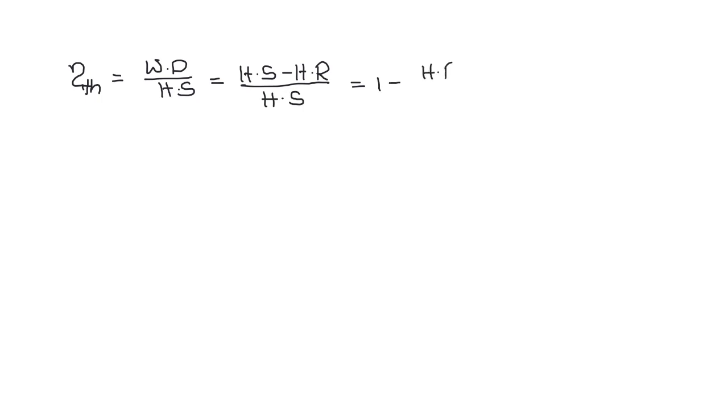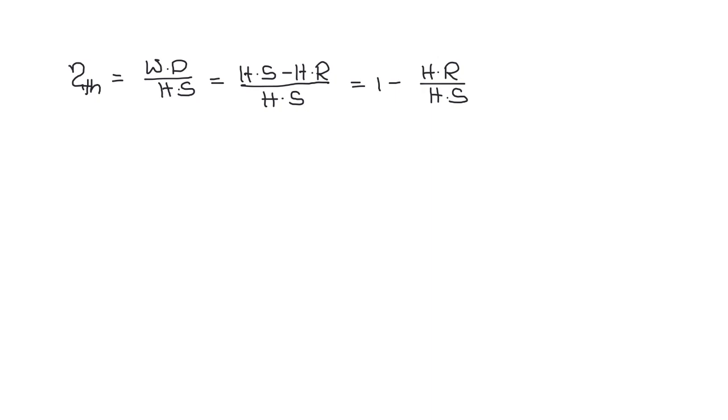Now, the thermal efficiency, eta th, is work done by heat supplied. We can write work done as heat supplied minus heat rejected, divided by heat supplied. So we can write this as 1 minus heat rejected by heat supplied.